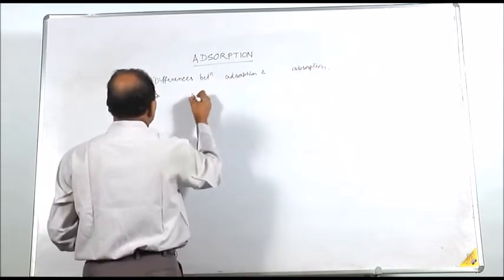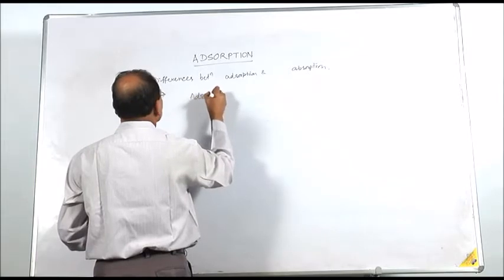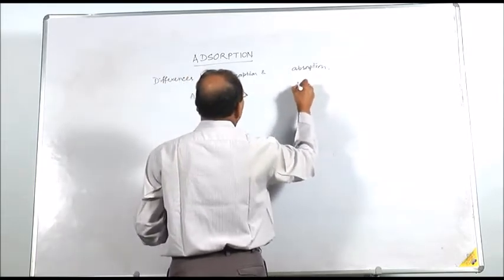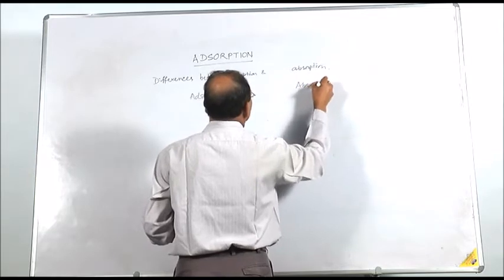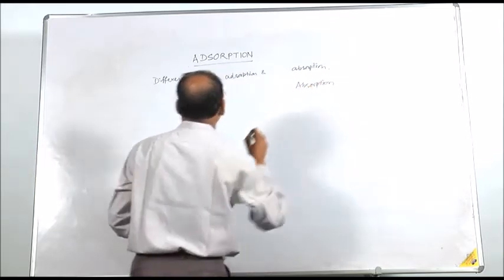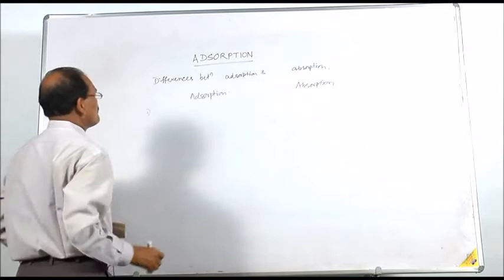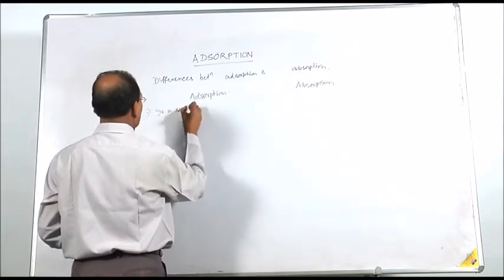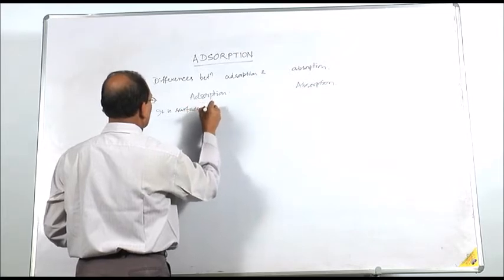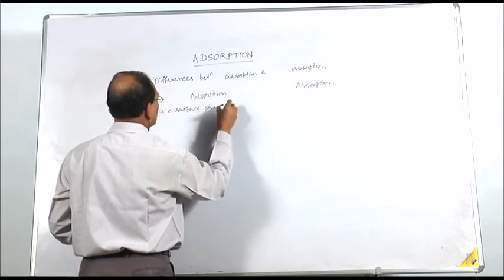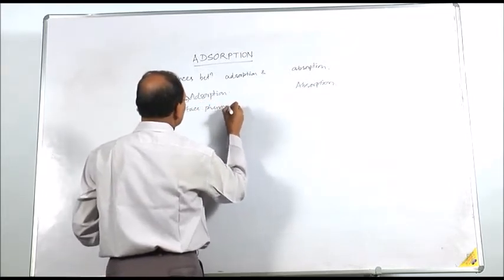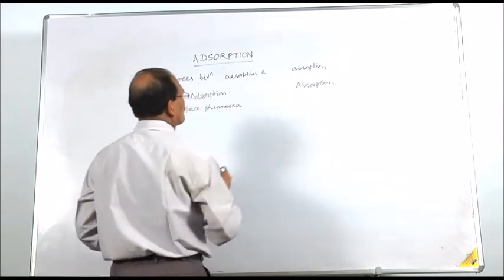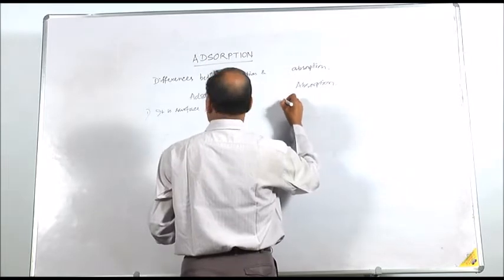First we will take adsorption and then absorption. As you have observed, the first case, adsorption, is a surface phenomenon. Surface phenomenon means it occurs at the surface, whereas absorption is a bulk phenomenon.